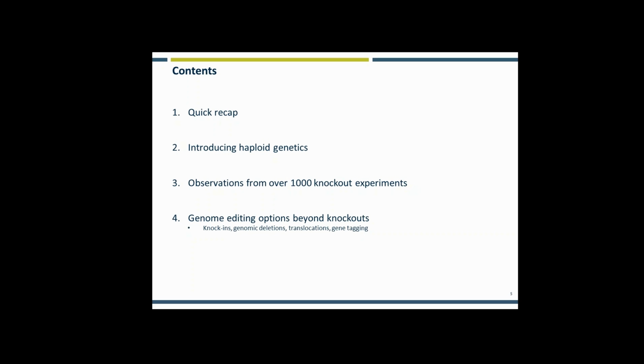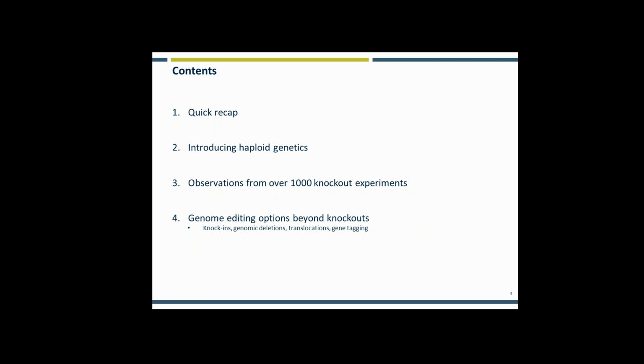Right, so the plan for today is to just recap what we've talked about in the previous two webinars, and then I'll explain why at Horizon we've moved towards a haploid-based model to do our genome editing in a more scalable way, and what some of the advantages are of doing that.